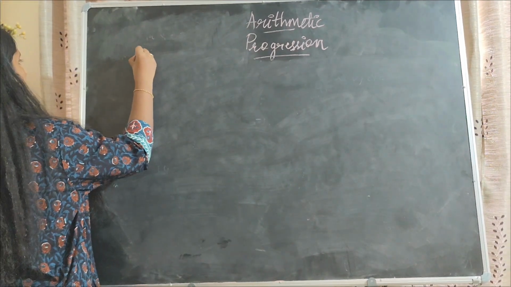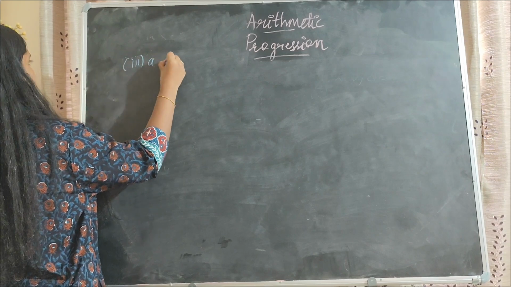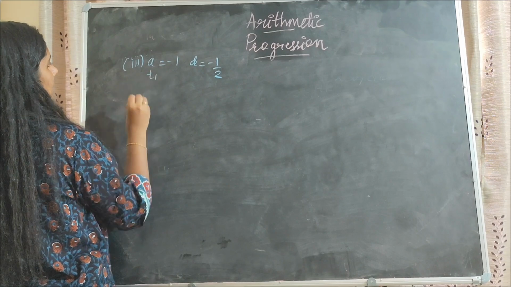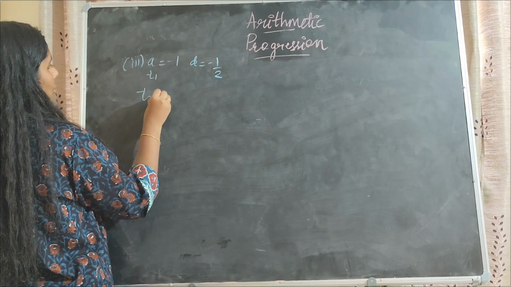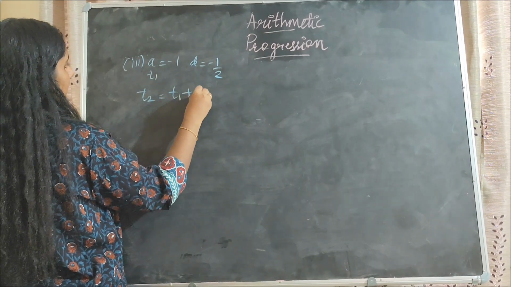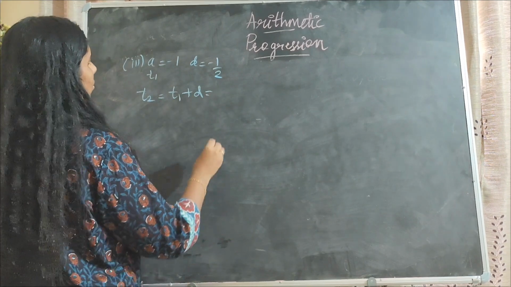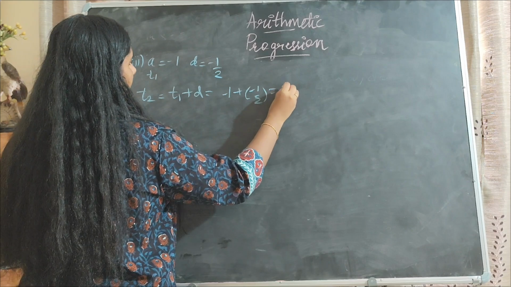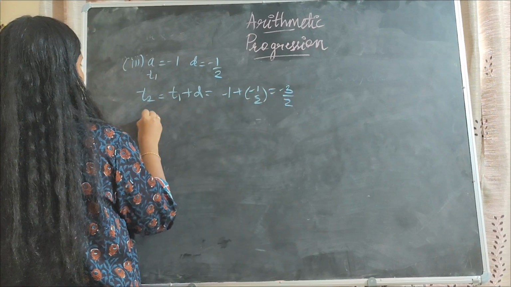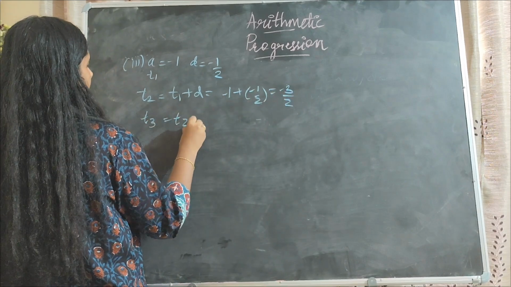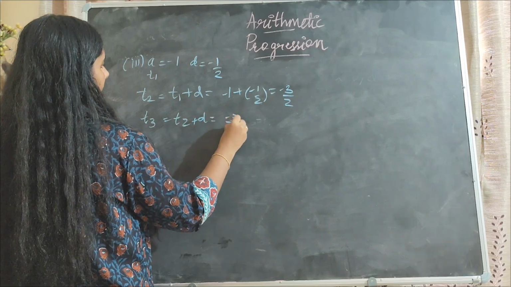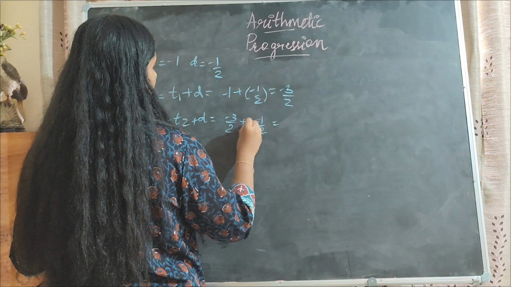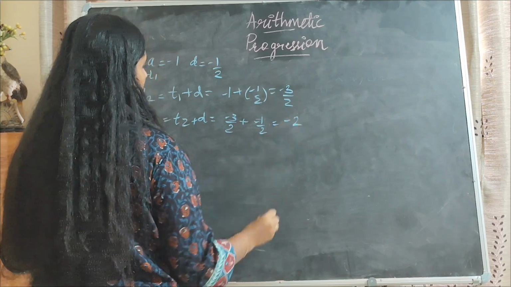Next, the third sum, A is minus 1 and D is minus 1 by 2. We know that this is T1. So, T2 is T1 plus D. This is the formula. So, minus 1 plus minus 1 by 2, which will be minus 3 by 2. Next, T3 is T2 plus D, which is minus 3 by 2 plus minus 1 by 2, which is minus 2.